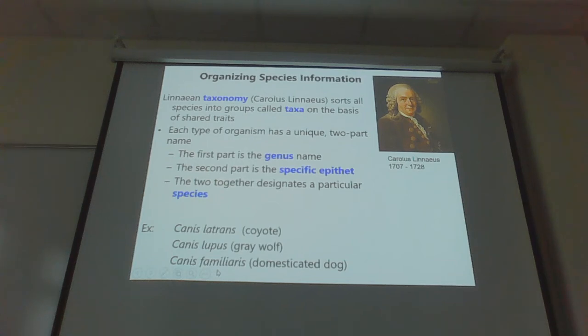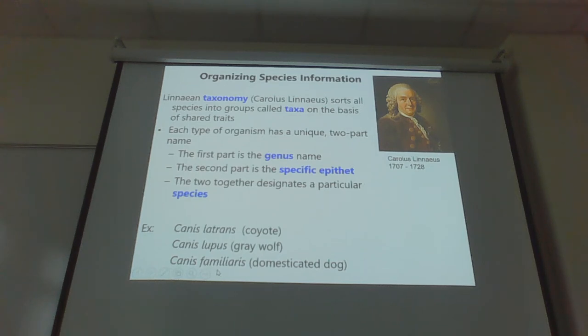So you see these three different species. They all have the first epithet the same, Canis. One is latrans, another is lupus, another is familiaris. So it already tells you something. It tells you that they have something in common, probably, not just that first epithet.